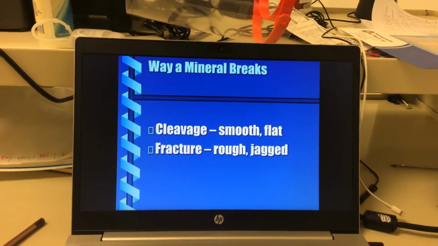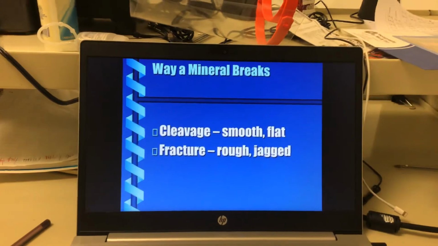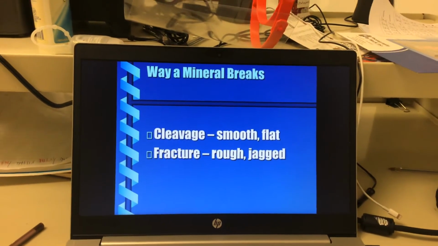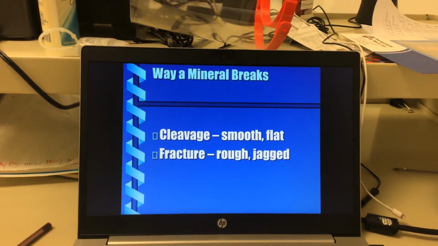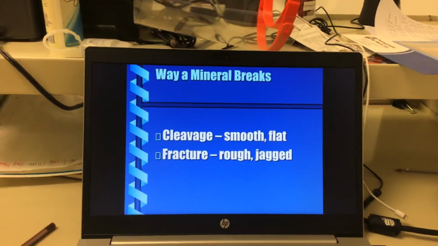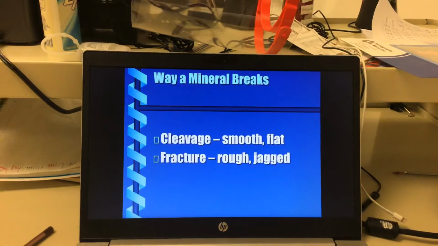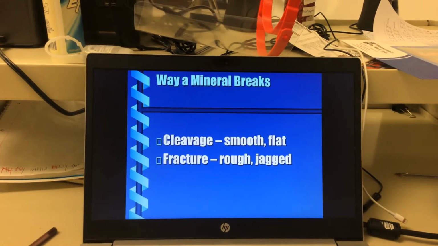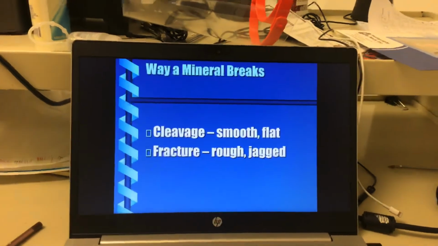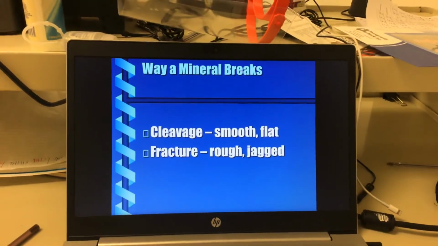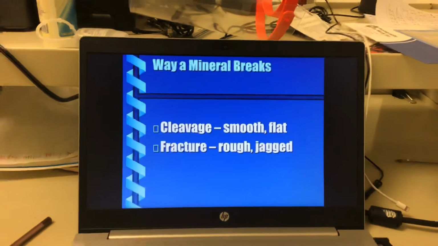There's no rhyme or reason to why it broke like that. If you fracture your arm, that means you broke your arm, probably not clean cut, but probably all jagged and rough. So way a mineral breaks, it's either going to have fracture or cleavage.